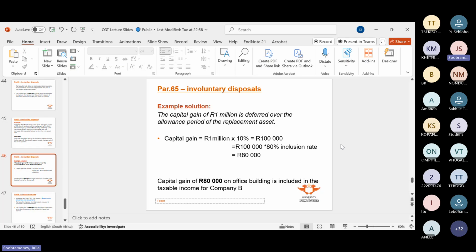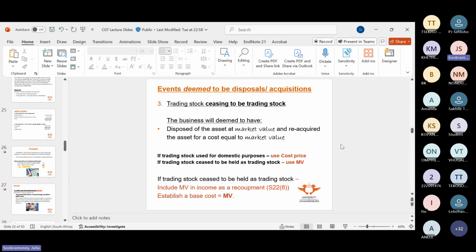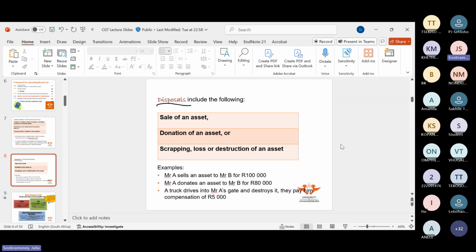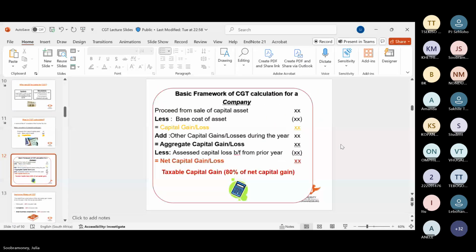If we have to go back to this slide here, this is your framework. For each asset, you'll say proceeds less base cost to give me a gain. If you've got another asset, again, you'll say proceeds less base cost. Then you're going to say my total aggregate capital gain or loss. It depends what you land up with here.